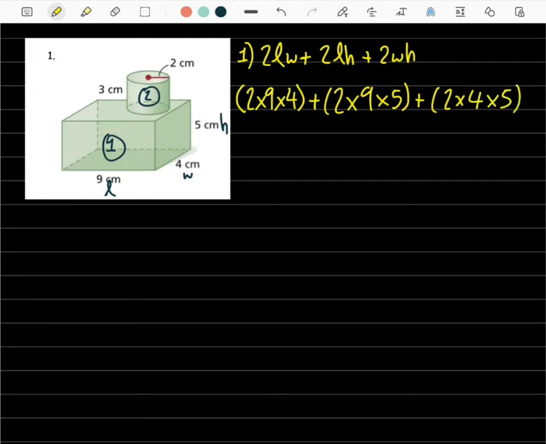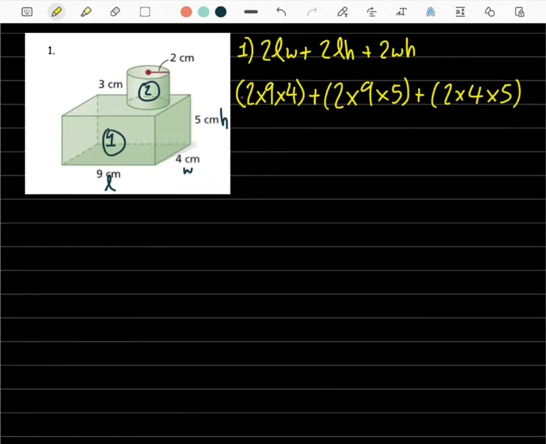Now 2 times 9 times 4: 2 times 9 is 18, 18 times 4 is 72, plus 2 times 9 is 18, 18 times 5 is 90, plus 2 times 4 is 8, 8 times 5 is 40. If we add it all up, we should get 202, and let's not forget our unit, which is centimeter square.